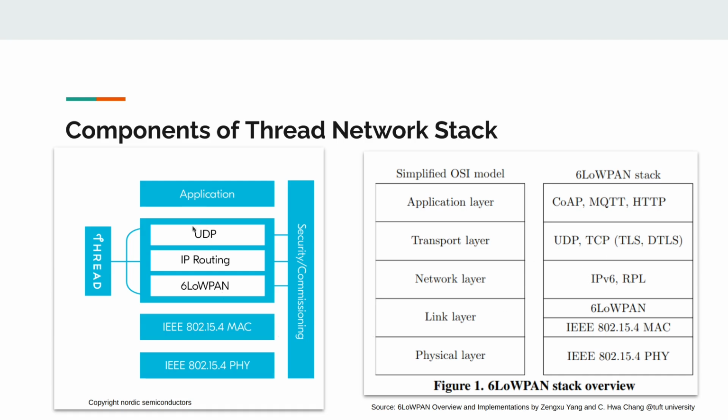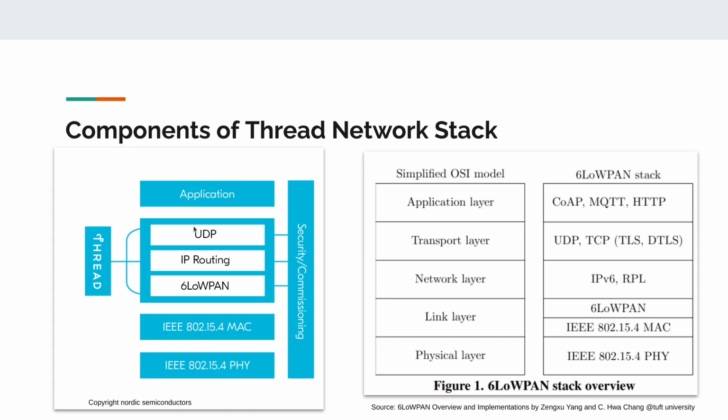In this diagram from Nordic, they have 6LoWPAN, IP routing, and UDP. IP routing is basically some kind of protocols that are added on top of 6LoWPAN to allow for mesh networking.